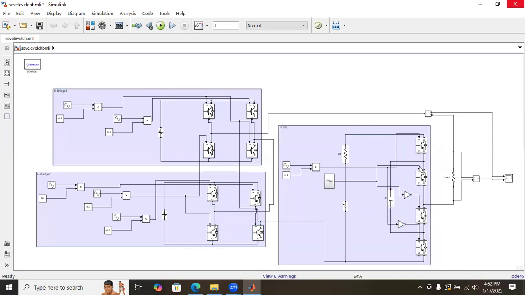So this is the working of the multi-level inverter here. We are reducing the number of switches.